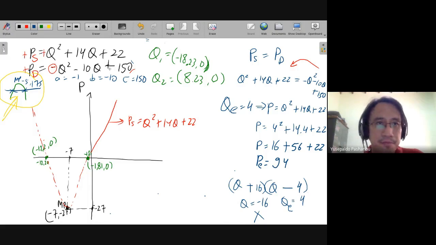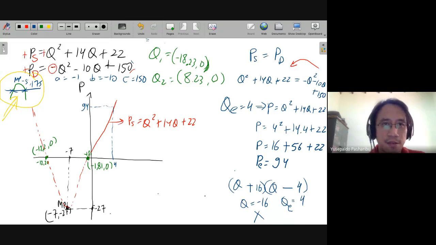So let's find the coordinate of the equilibrium: 4 and 94. Yeah, just get it first.